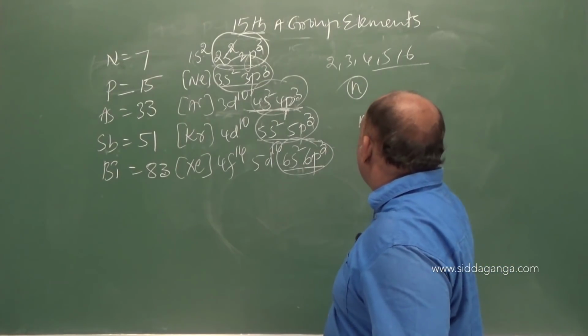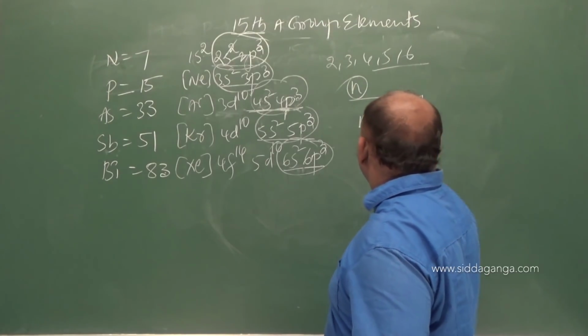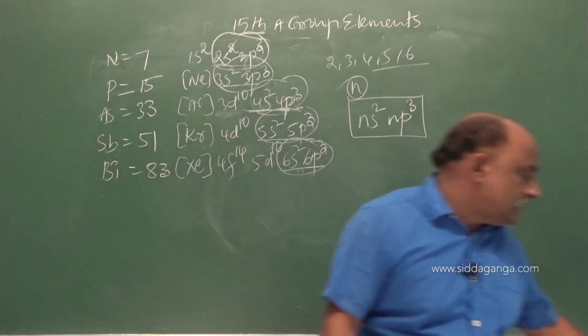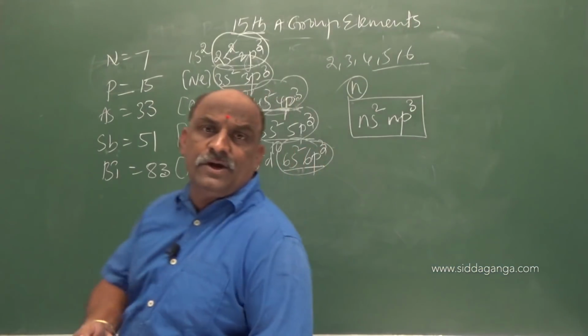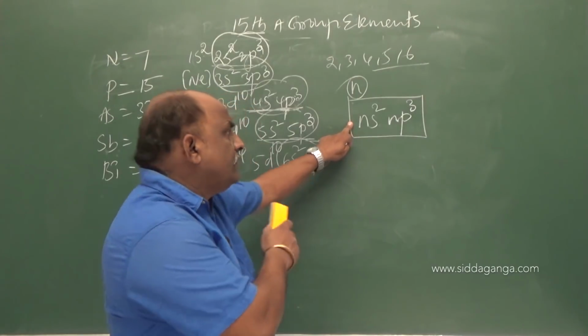So the general electronic configuration of 15th A group elements is ns2 np3. Make a note, students, this is a very important point.